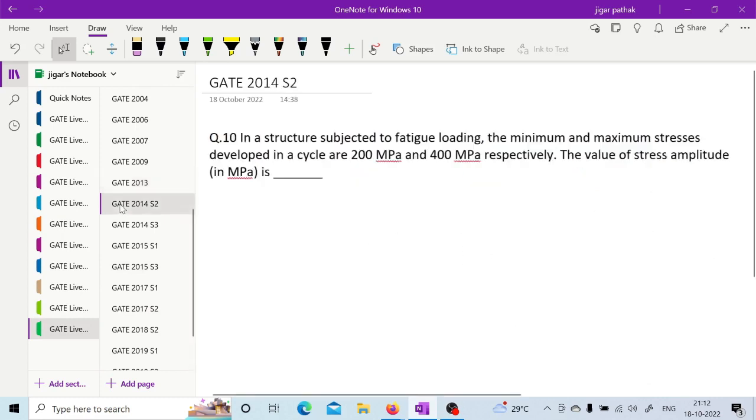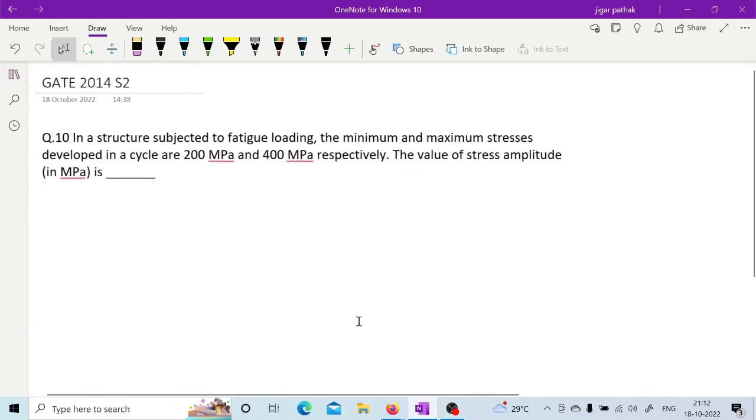Yes, sir. So next is this: in a structure subjected to fatigue loading, the minimum and maximum stresses developed are 200 and 400 mm. Then the stress amplitude. It is very simple, right? 100.